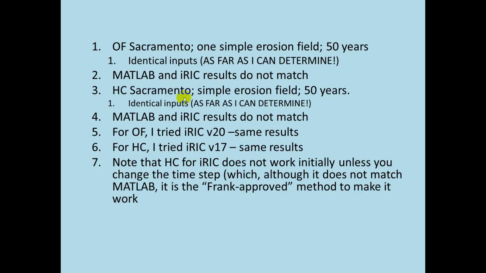Okay, so what I need to do first here is, perhaps I'm not going to show you the actual runs, but I want to show, at least for Hamilton City, how I have the identical inputs.